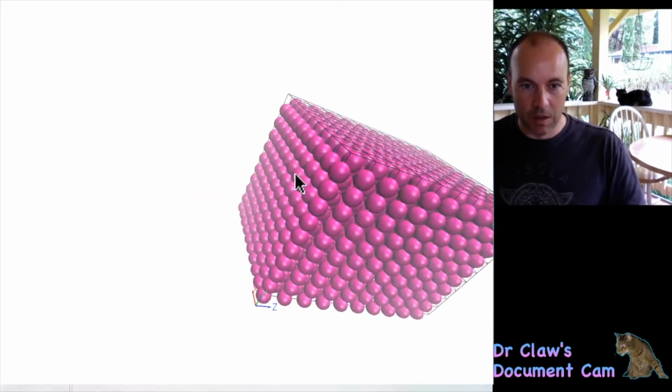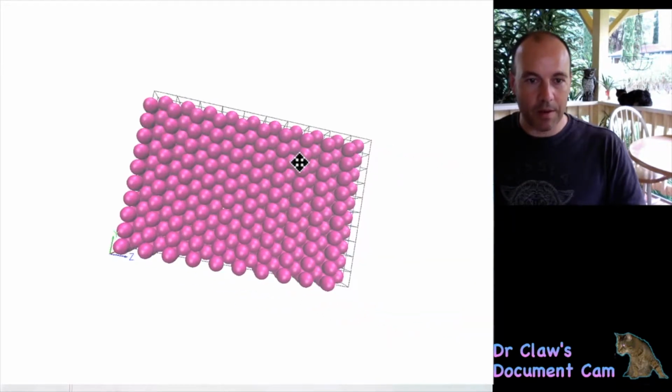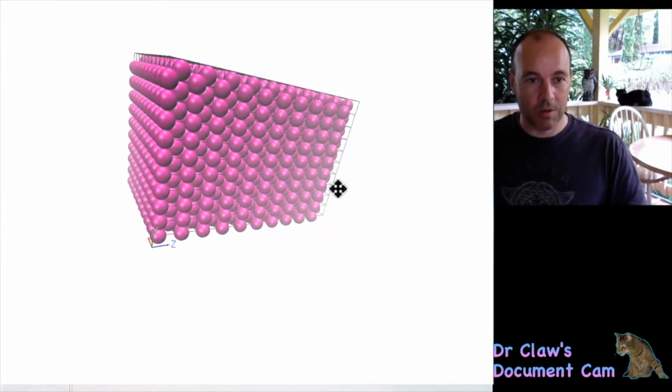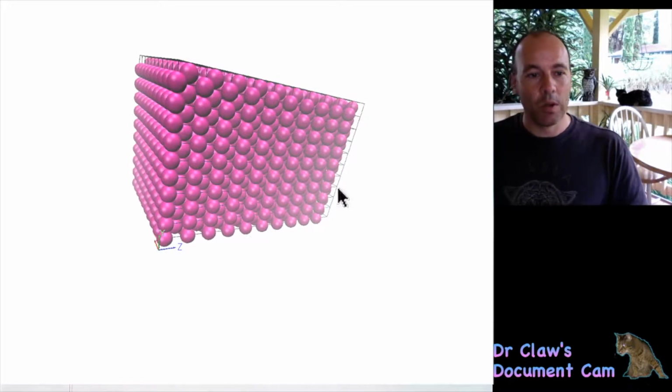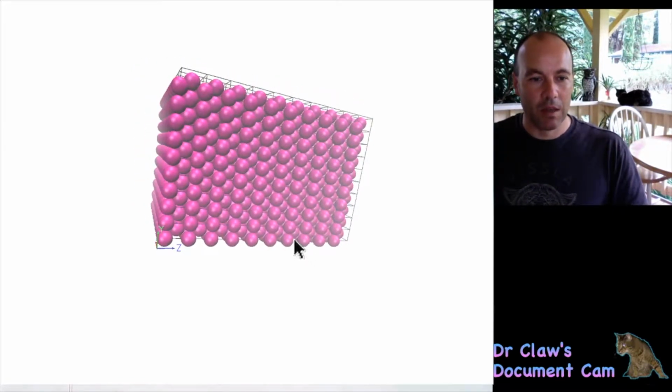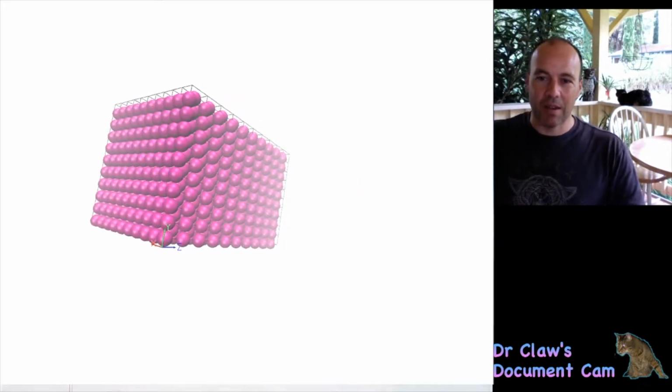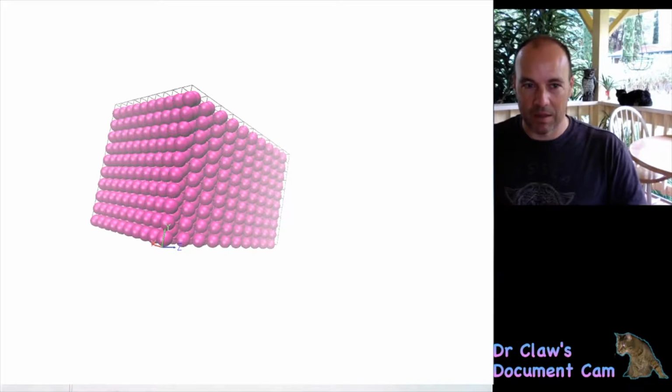So there is the crystal structure of a tetragonal crystal with atom positions at 0, 0, 0, and 1/2, 1/2, 1/2 for each unit cell. Hopefully you can see that all of the atoms look very similar.